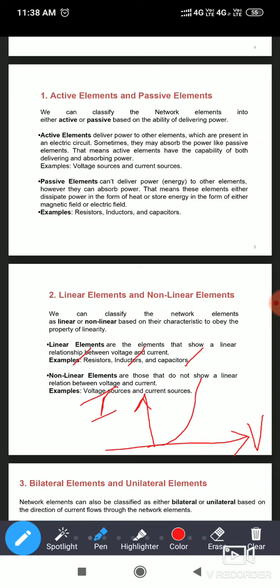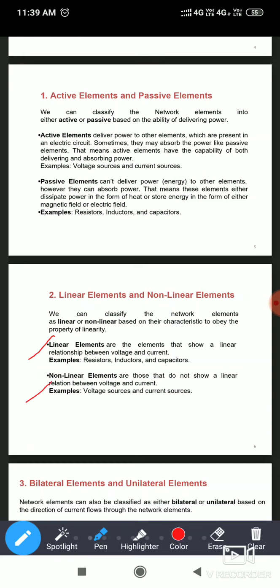So we cannot say the diode is a linear element, it is a non-linear element. I understand. So the linear elements are those which show a linear relationship between voltage and current. And the opposite, non-linear elements, are those which do not show a linear relationship between voltage and current.